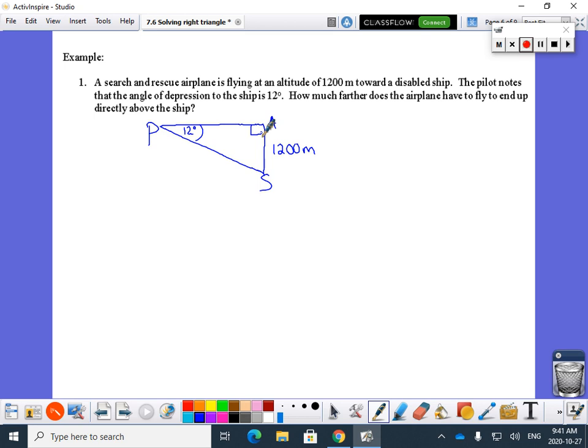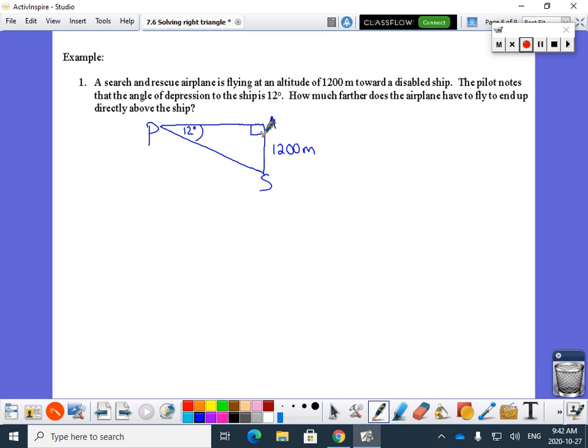It says, how much further does the airplane have to fly to end up directly above the ship? So, which side are we trying to figure out? It wants to know how much further the pilot needs to go to get directly above the ship. So are we trying to figure out this line here, or are we trying to figure out this line here?